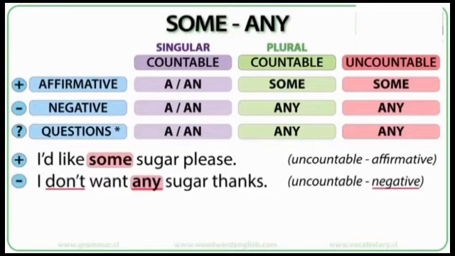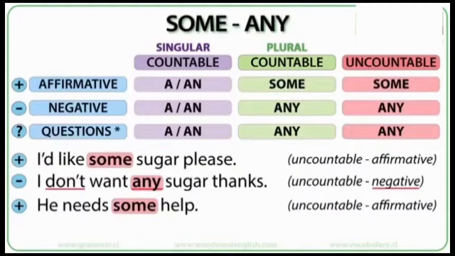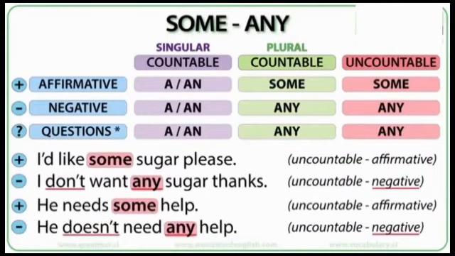I don't want any sugar, thanks. Sugar is an uncountable noun, and we use any because it's a negative sentence. Another example, help is uncountable, so we say he needs some help, which is an affirmative sentence. The negative would be he doesn't need any help.